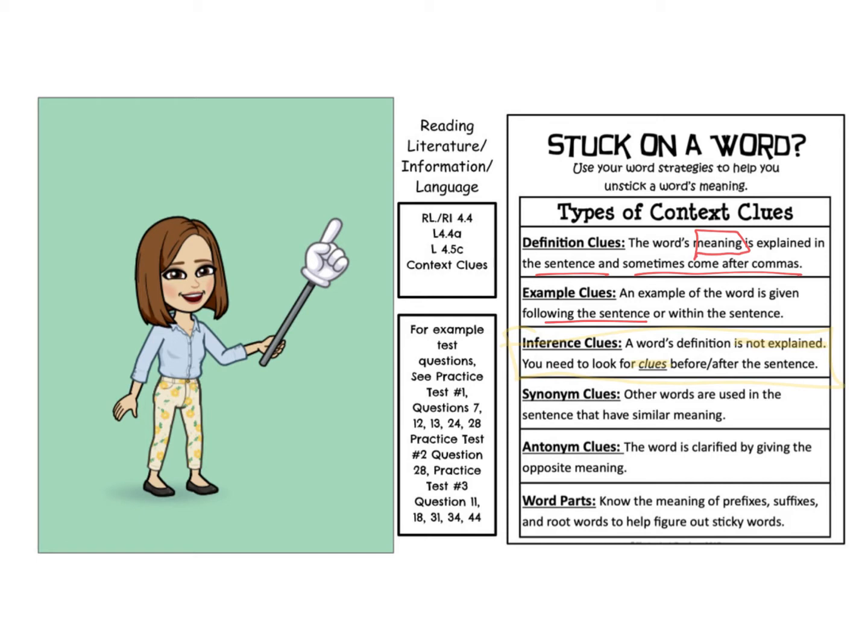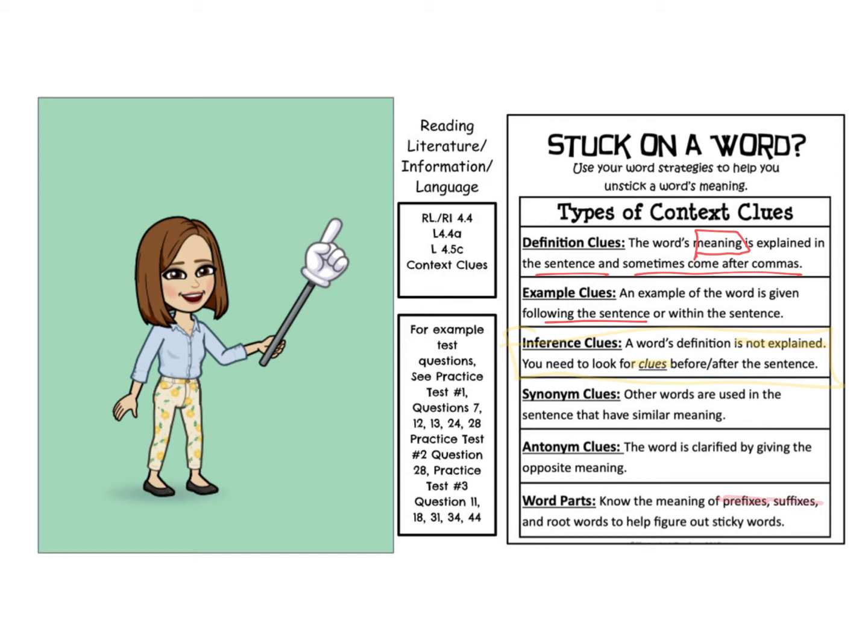And then this is one of my favorites. Sometimes an author will give you a clue inside the word. We call that a word part. I'm going to say that again. When you have a clue inside a word, we call that a word part. I'm going to say it a little bit differently, and as I say it, I'm going to highlight some things in your notes.